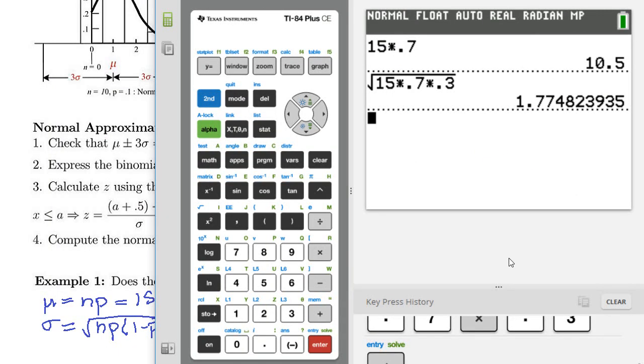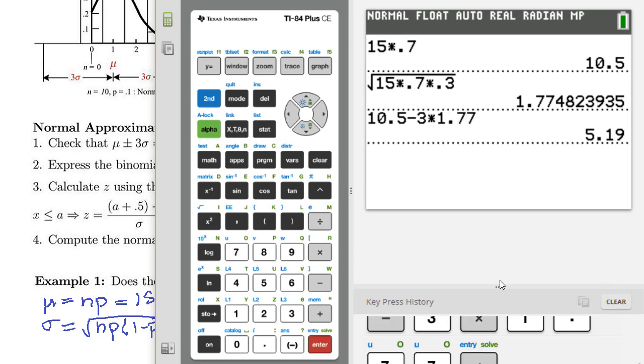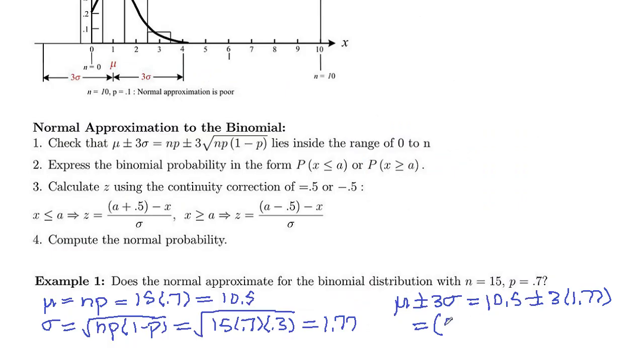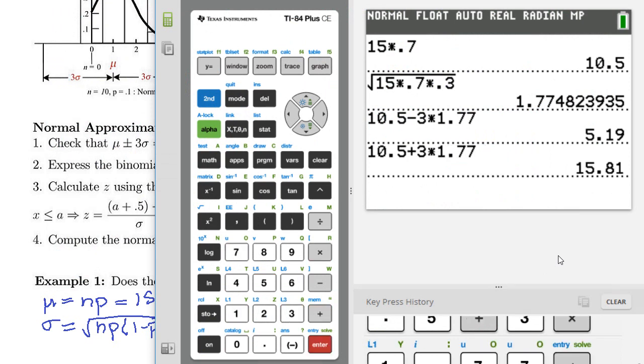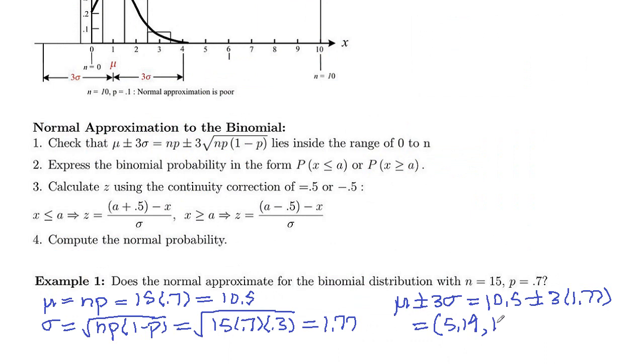So 10.5 minus 3 times 1.77 is 5.19. And then 10.5 plus 3 times 1.77, 15.81. And then we just need that to fall inside the interval from 0 to n.